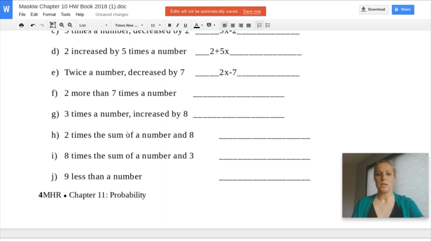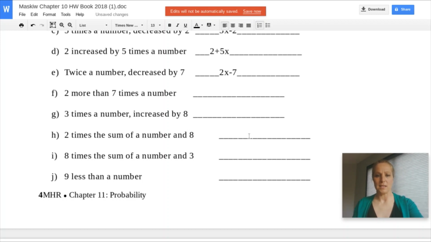So it says 2 times the sum of a number and 8. Well, I got to think back to what sum means. I know that product is multiplication. I know that quotient is division. I know that difference is subtraction. So sum must be addition. So I'm adding something here. So the sum of a number and 8.